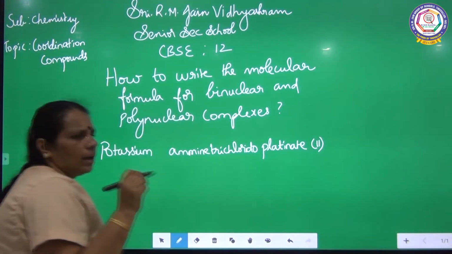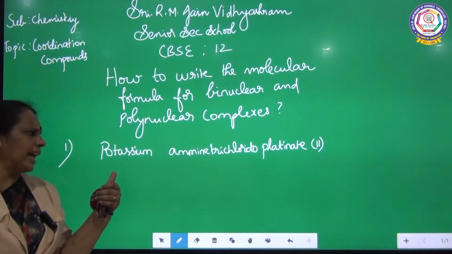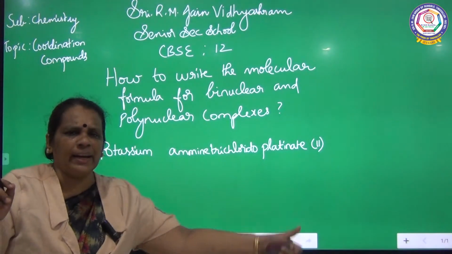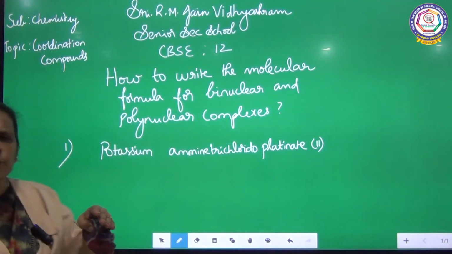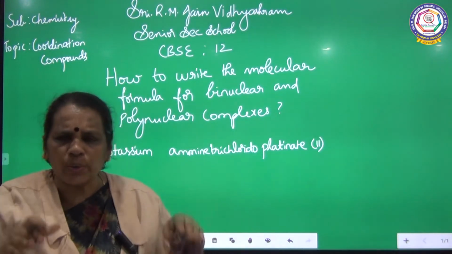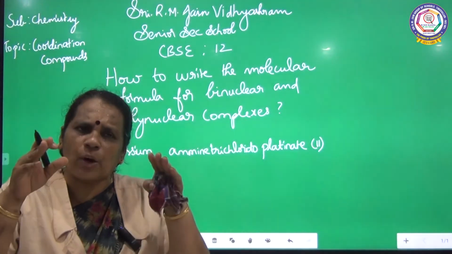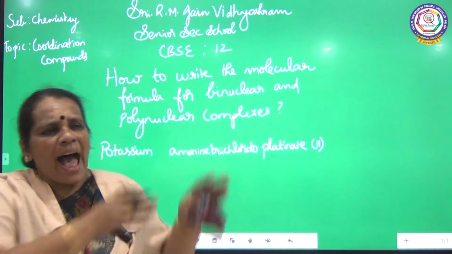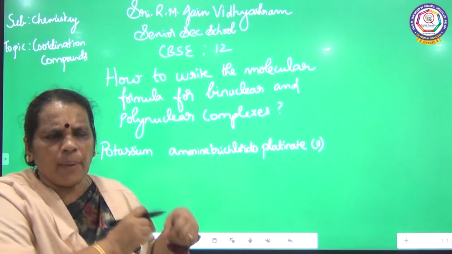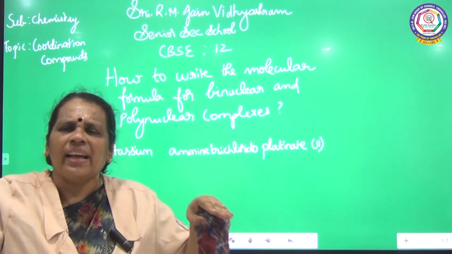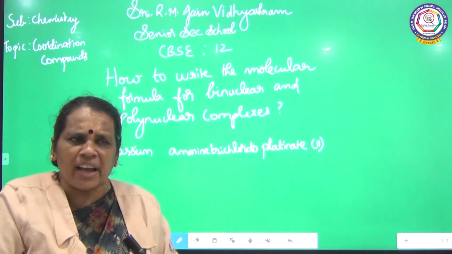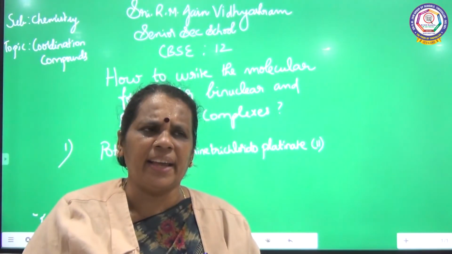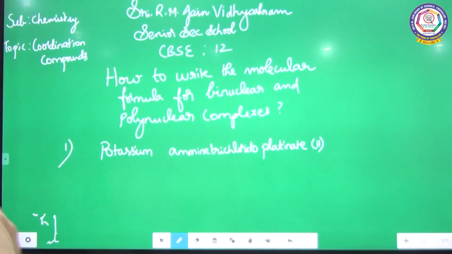This is my compound name. First we have to segregate the counter ion and the coordination sphere. As soon as you get the compound, you see whether any counter ion is present, and you underline the coordination entity or coordination sphere.